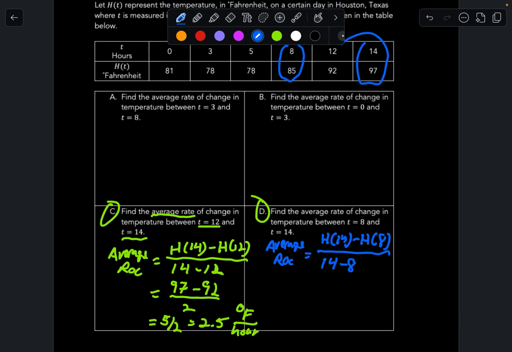Looking at the table, H of 14 is 97, minus 85, over 14 minus 8. So 97 minus 85 is 12, and 14 minus 8 is 6. So it's 12 over 6, and we end up with 2, and that's 2 degrees F per hour.